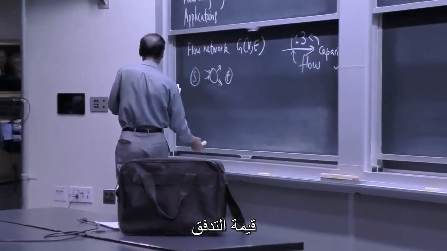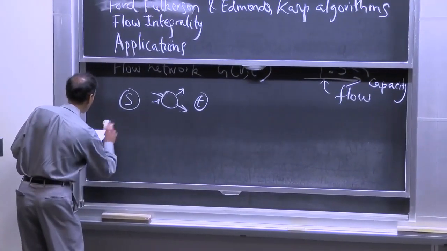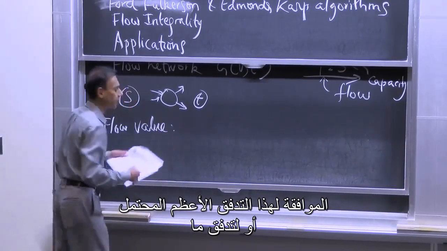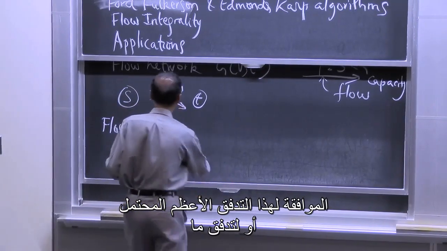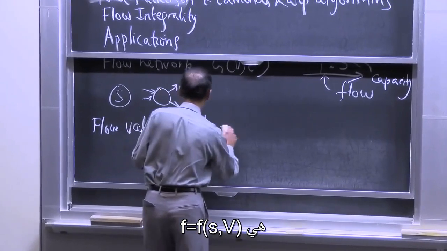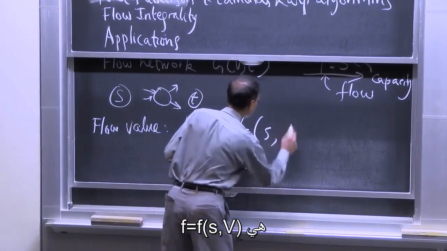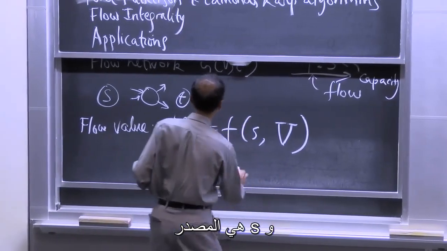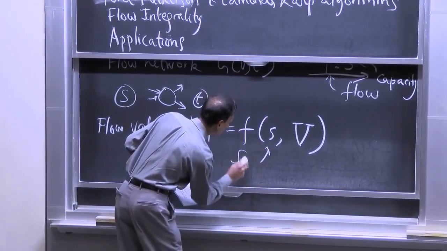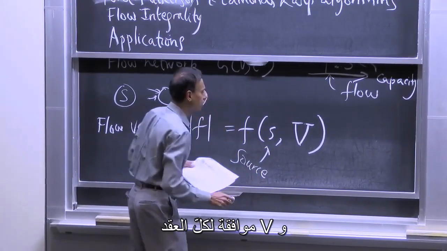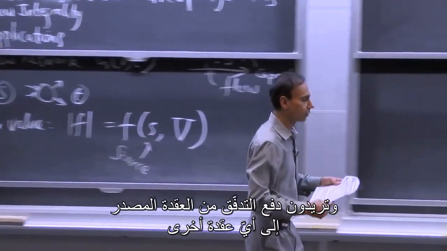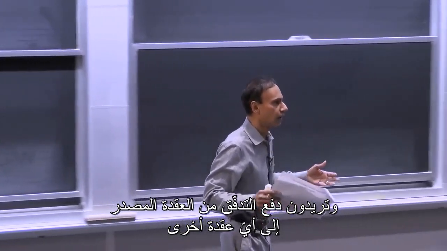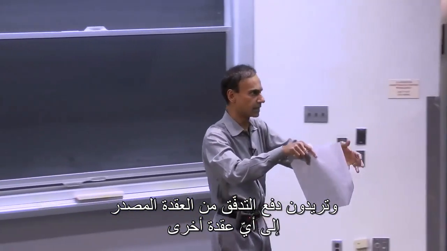The flow value corresponding to this potential max flow or some flow is f equaling f(s, V). And so small s is the source. Cap V corresponds to all of the vertices. And you're looking at pushing flow from the source vertex to any of the vertices.